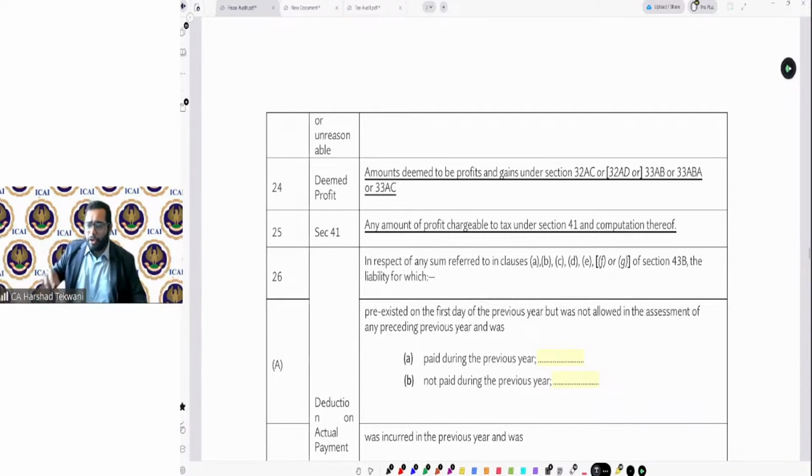For example, there was a loss due to fire, the company booked the loss in the books of account, and later on recovers some of the amount against that loss. Then that amount will be chargeable to tax under section 41.